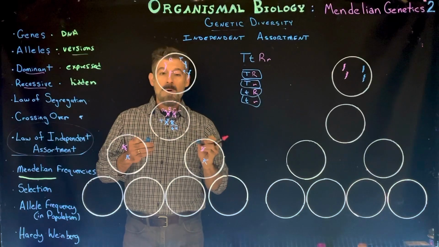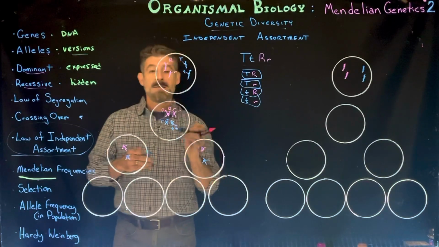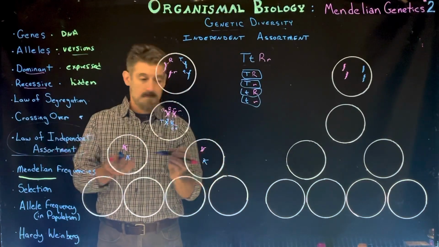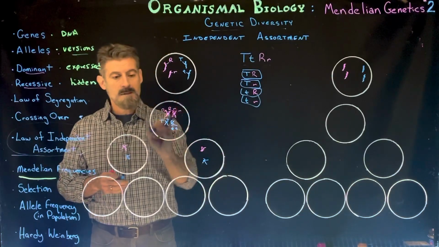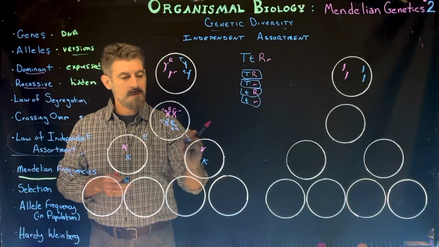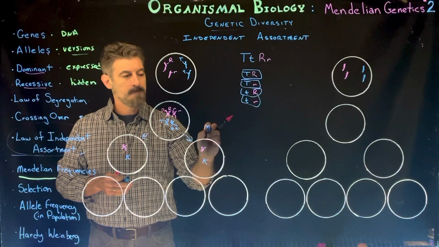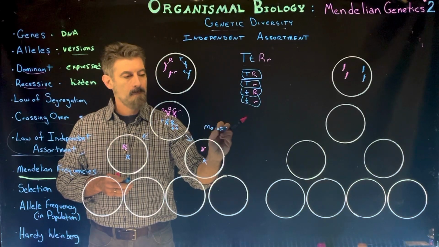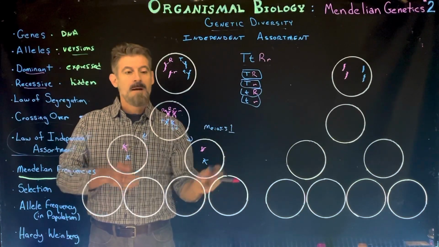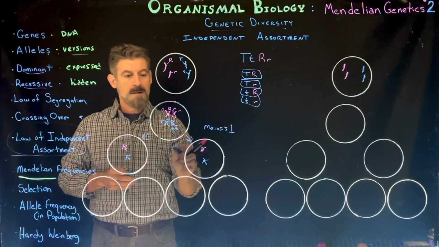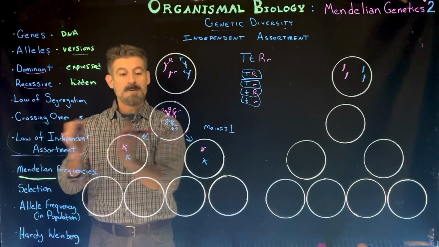Now, what will happen is they'll separate into different cells. So there'll be cell division, the first division of meiosis, meiosis 1, and then we'll get pulled onto this side.